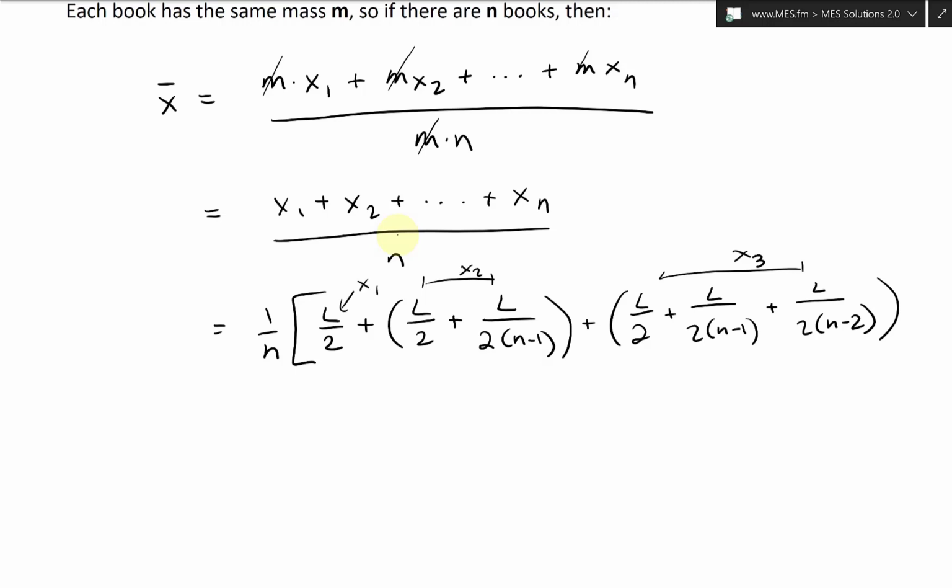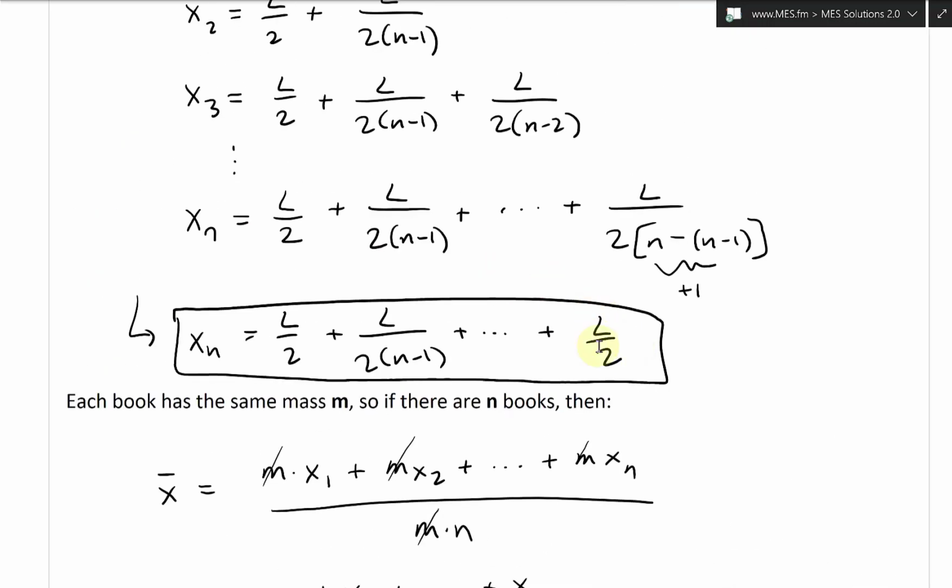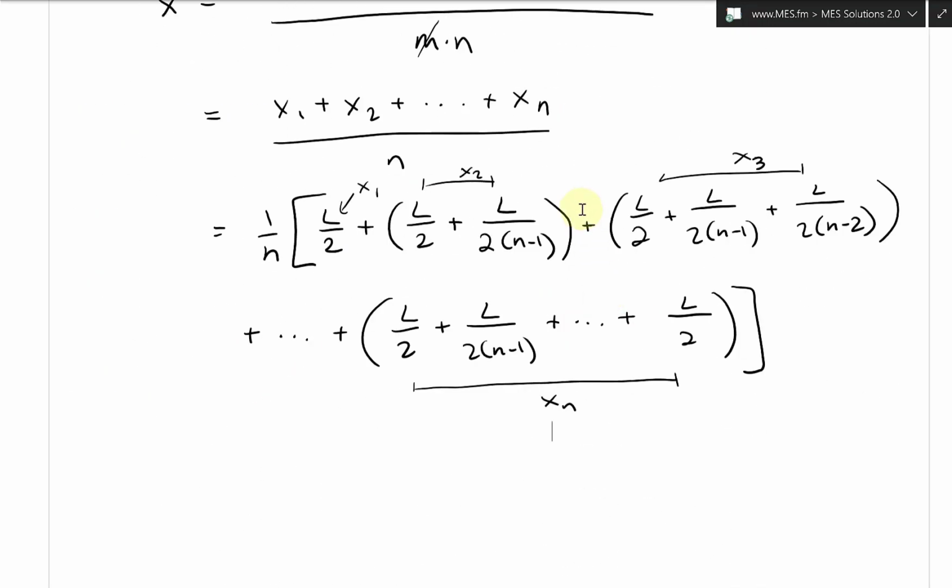And then it keeps going on and on, plus dot dot dot, plus our xn, L over 2 plus L over 2 minus 1 plus dot dot dot all the way until L over 2. This whole thing is our xn, and you can see that over here.